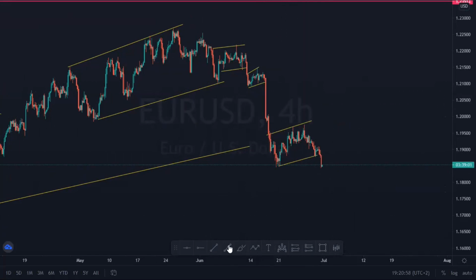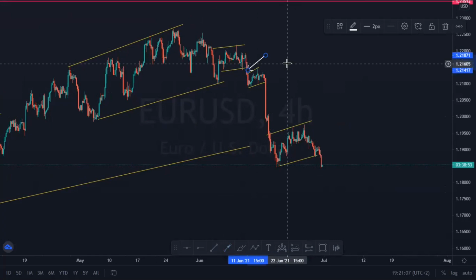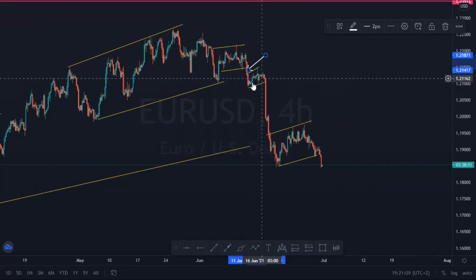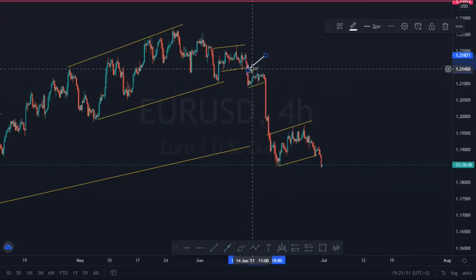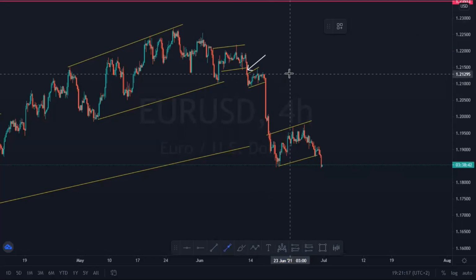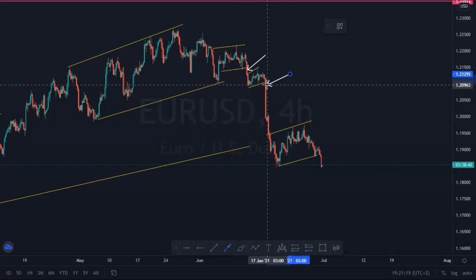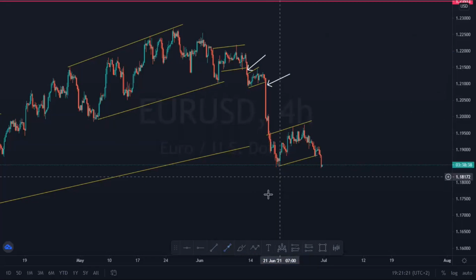If you enter, I always say the safest place to enter is here, as soon as it breaks. You place this trade, you enter here, and again there's another entry. You scale in here, which means you enter another trade.